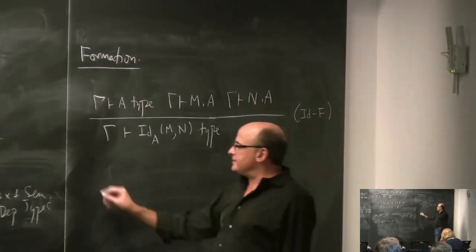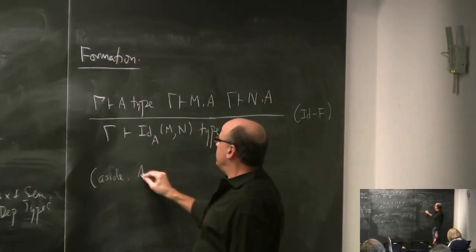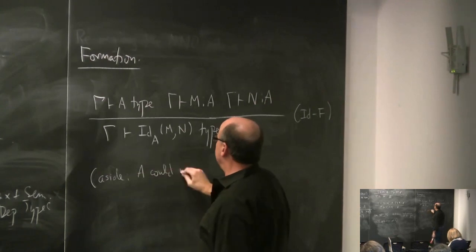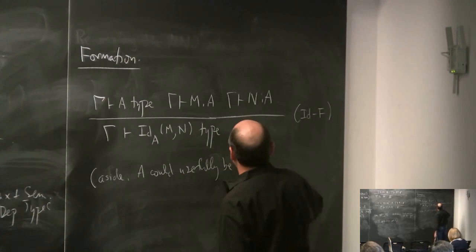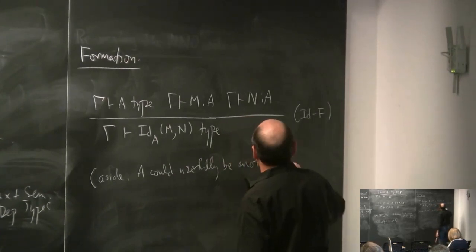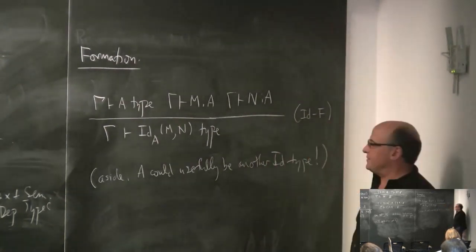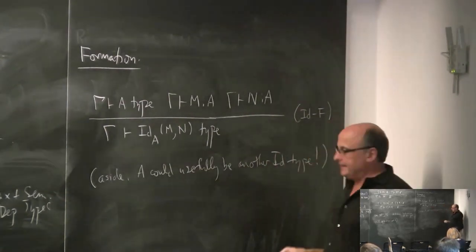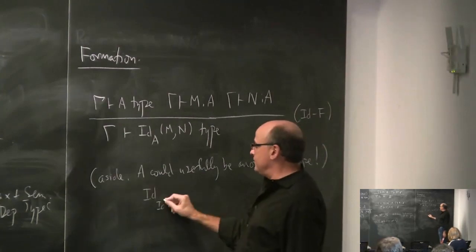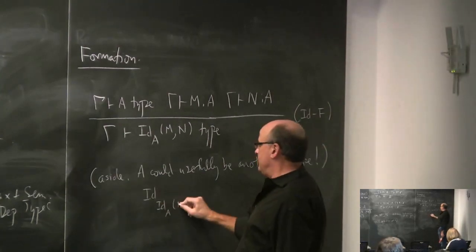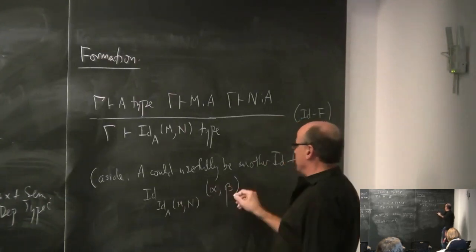And then I will mention as an aside that A could, in fact, usefully be another identity type. Because, okay, that's obvious in some sense because it can be any type. But it's actually very interesting to look at types that look like this, the iterated identity types, where I'll write it like this.